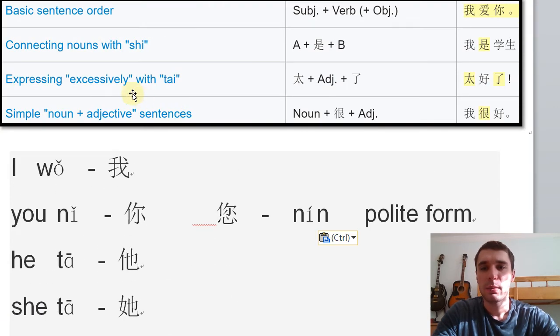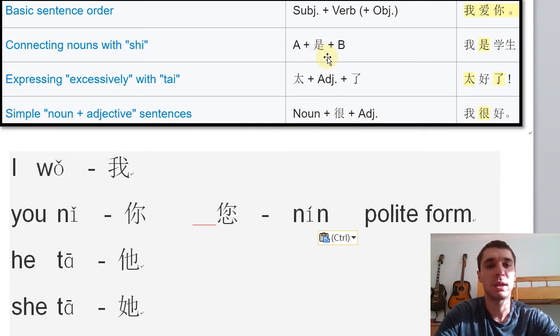Next topic is about connecting nouns with 是. So before, we had a subject, then verb, then object, right? Now I just take a noun, then I say 是, then another noun. 是 means am, is, are, like the verb to be, right?